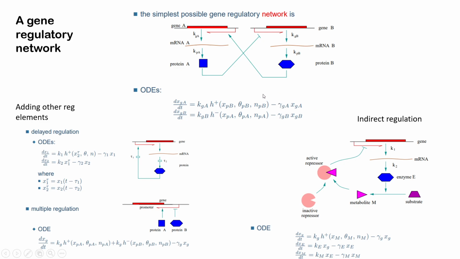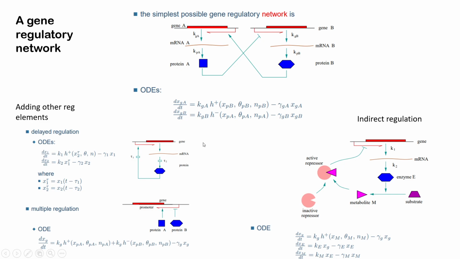And we also have a degradation, basically the formation of the products which aids in this degradation process as well. We have those factors as gamma parameters. So this is the simple ODE for these two gene regulations.